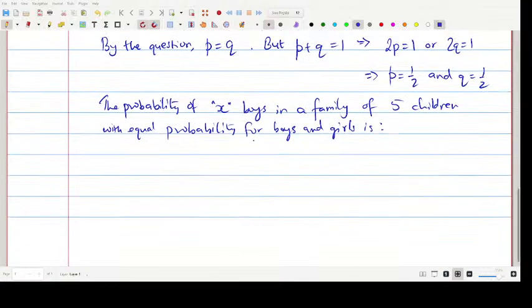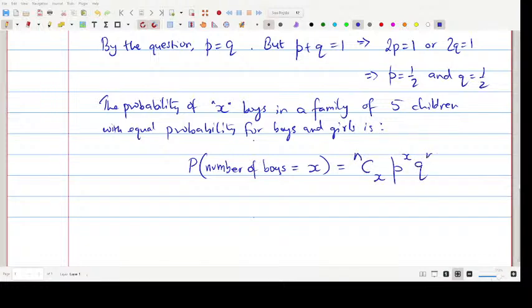How does it look? It looks like P of number of boys equals X is equal to nCx p to the power x, q to the power n minus x, right?